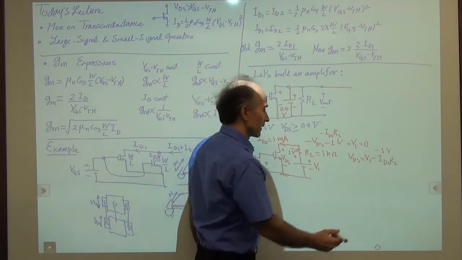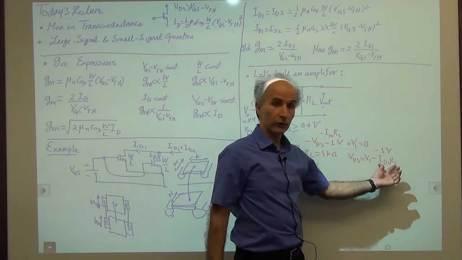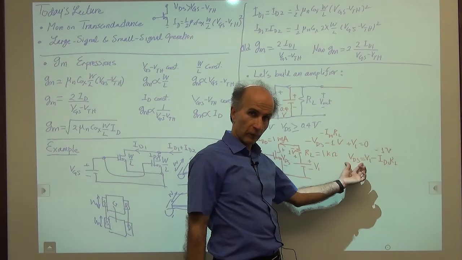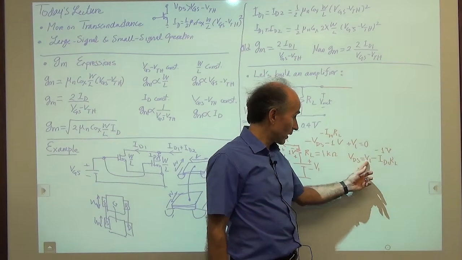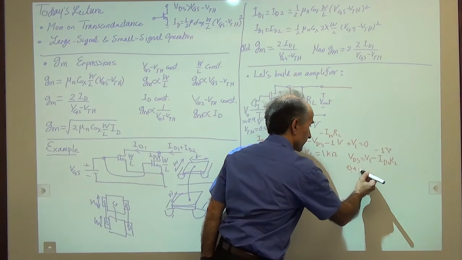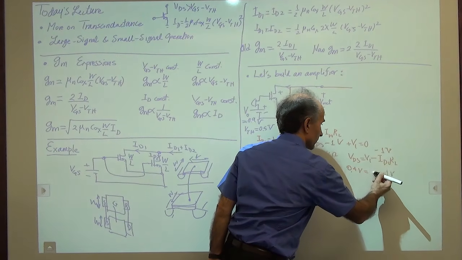Okay, so this says that if we have, for example, 1 volt of drop across the resistor, and we need 0.4 volts for VDS at least, then it's not that hard. We just pick V1 to be how much? So this should be 0.4 volts, and we are subtracting 1 volt, right?